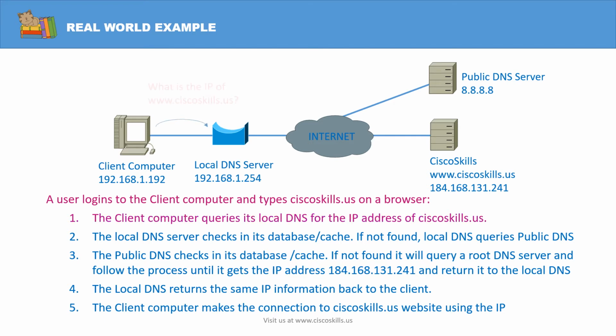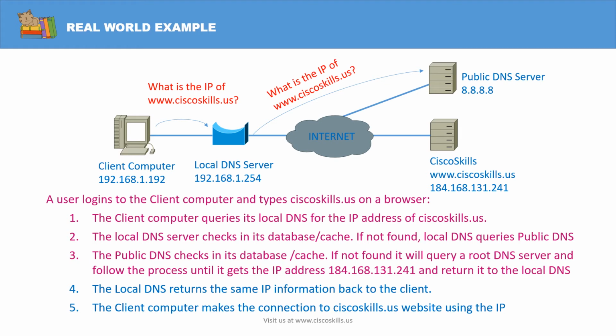The client computer queries its local DNS for the IP address of Cisco skills.us website. The local DNS server checks in its database or cache. If not found, the local DNS server queries public DNS server.